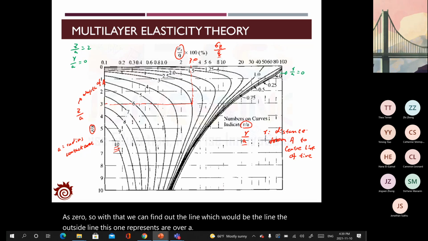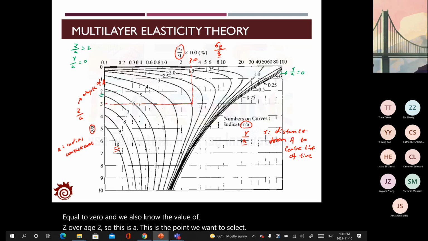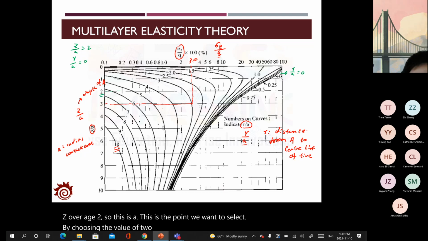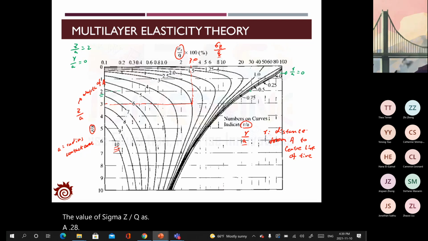And we also know the value of z over a is 2. So this is the point we want to select. By choosing z over a equal to 2, you can find out the value of sigma z over q as 0.28, so it's 28%.